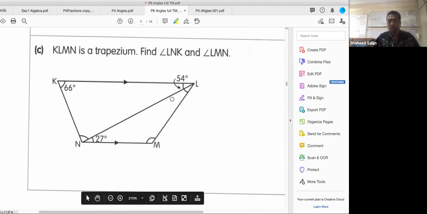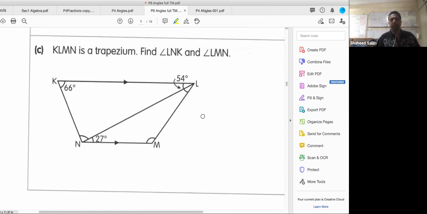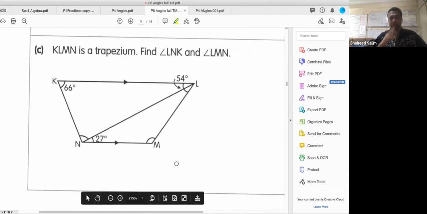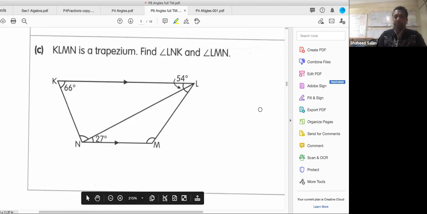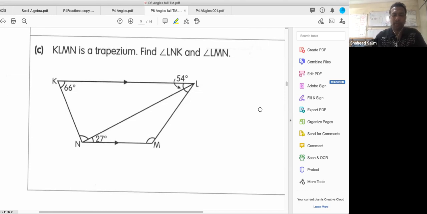Akil says 99. 99 for this one, is it, Akil? And Zahin says 126. Okay, let us see. Zahin, you try this once. You are waiting for the rest. No calculator, Zahin.